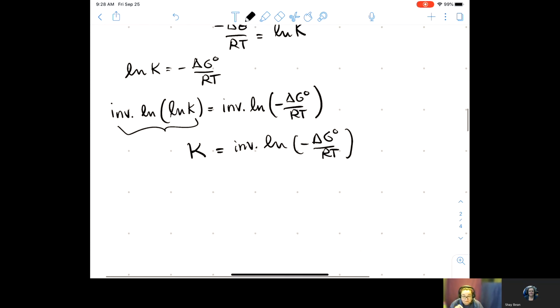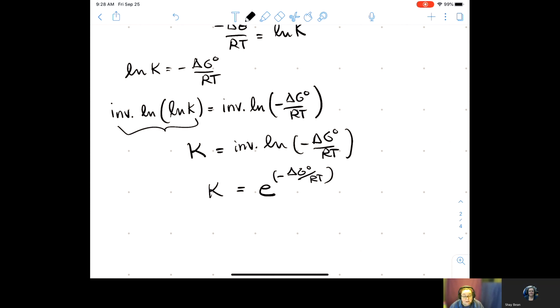Often that second function is written as e to the x, because that's what an inverse log is. So this is actually e raised to the negative delta G over RT. K equals e raised to the negative delta G naught over RT.